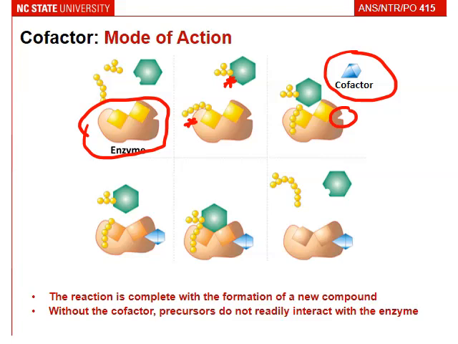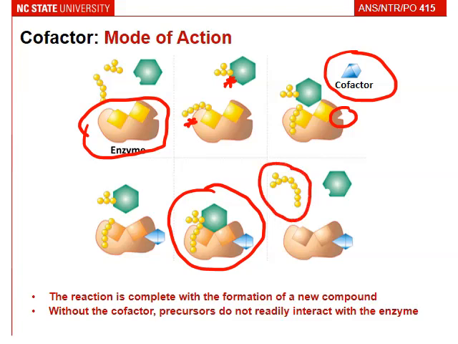It binds right there on the enzyme, and when it binds, it causes a conformational change in our enzyme. So now you could see our hexagon is able to nicely fit into the enzyme, and we can bring the two substrates together and get our product right here. So once we have our product form, that releases the carrier protein. So without the cofactor, the precursors do not readily interact with the enzyme because we have this conformational change that needs to occur.